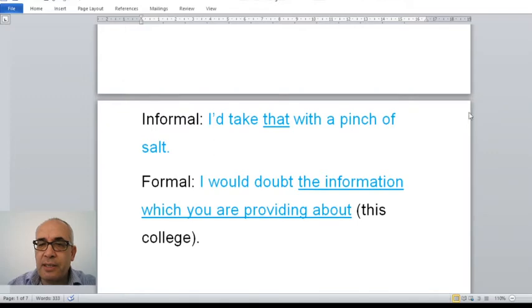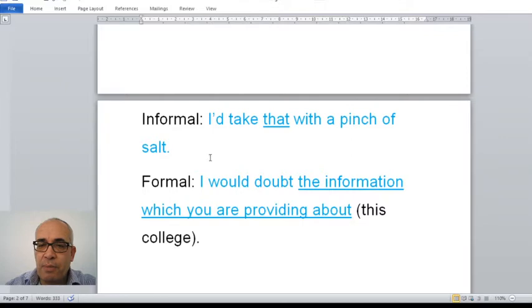So, if you look at the sentences: "I'd take that with a pinch of salt." Of course, take something with a pinch of salt is an idiom, and idioms are informal. So, I change it into "I would."